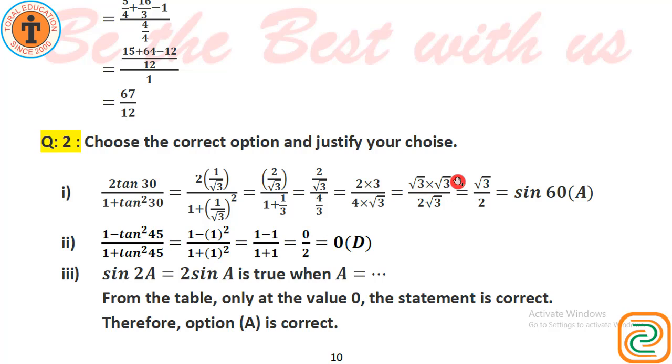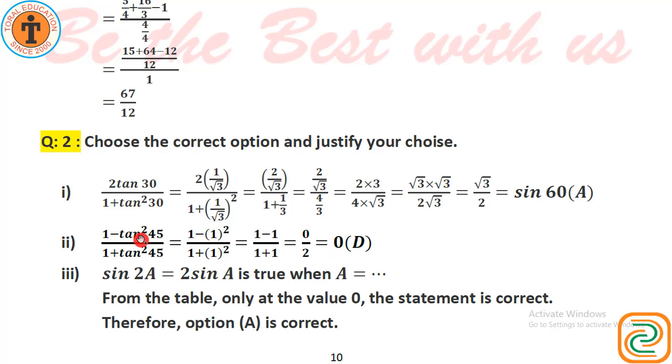And 3 is root 3 into root 3, right? Upon 2 root 3. Because 2 2s are 4, I have cut down. 2 root 3, root 3 cut off. What is here? Root 3 by 2. Root 3 by 2 is sin 60. So sin 60 is root 3 by 2. So our option A is right.